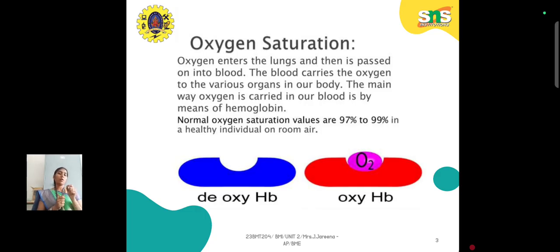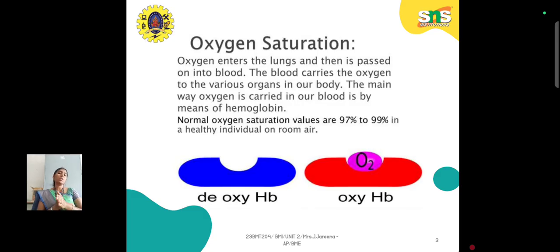If it goes below this, for example 96 or 95, and in some cases you can even see the oxygen level below 85 percent or 80 percent, in that case we can easily say that the people are at very high risk. The oxygen deficiency is very high, so slowly all the organs will deteriorate and end up with organ failure, and even the brain will not get an adequate supply of oxygen.